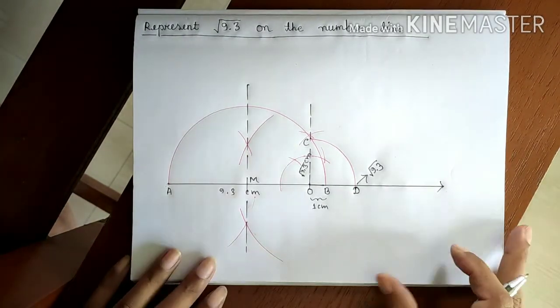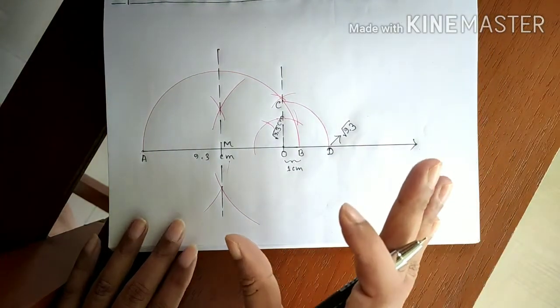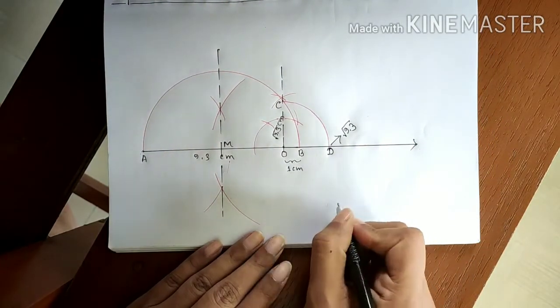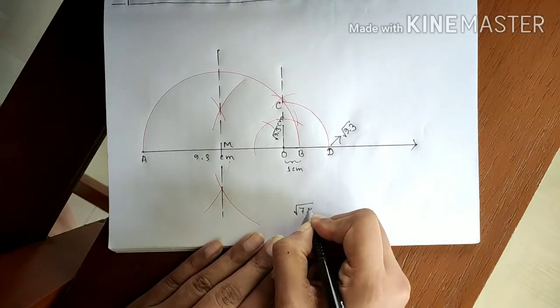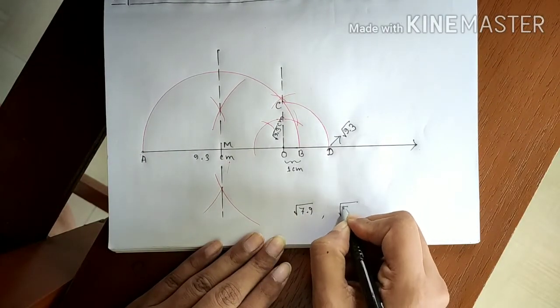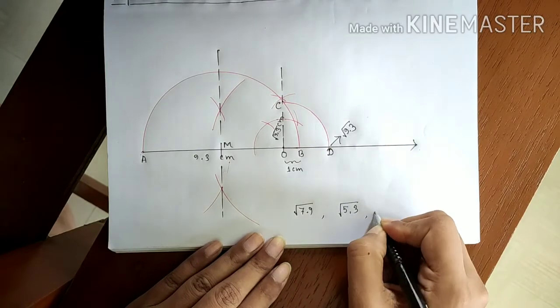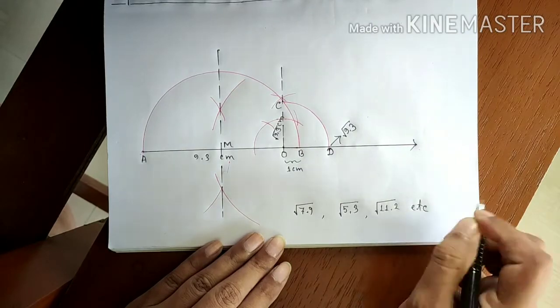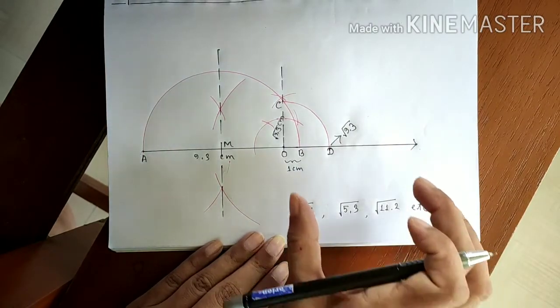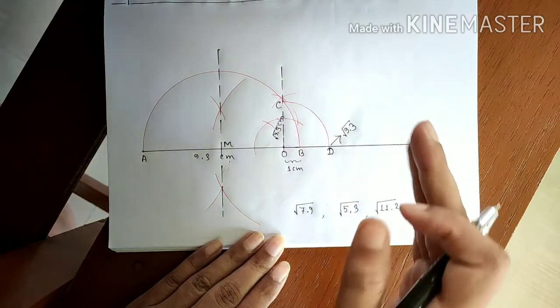And students, like that, using the same steps you can represent other points, suppose 7.9, square root 5.3, square root 11.2, etc. All these points you can represent on a number line using the same steps.